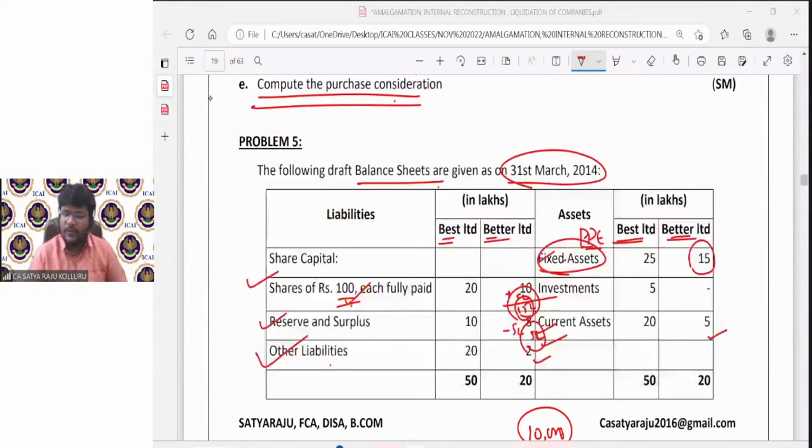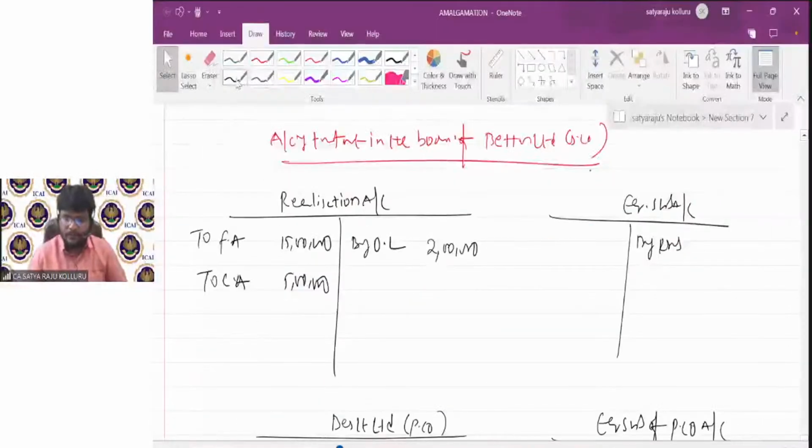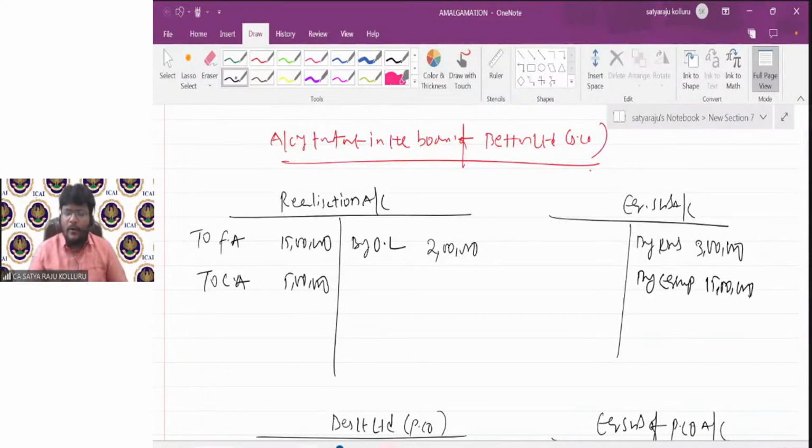So you should transfer 3 lakhs to the equity shareholders' fund. By equity share capital: after the issue of bonus shares, equity share capital became 15 lakhs. Now, all the assets and liabilities taken over by the purchasing company are closed and transferred to realization at book values, and equity shareholders' fund is transferred to the equity shareholders account. There is no preference shareholders' fund.